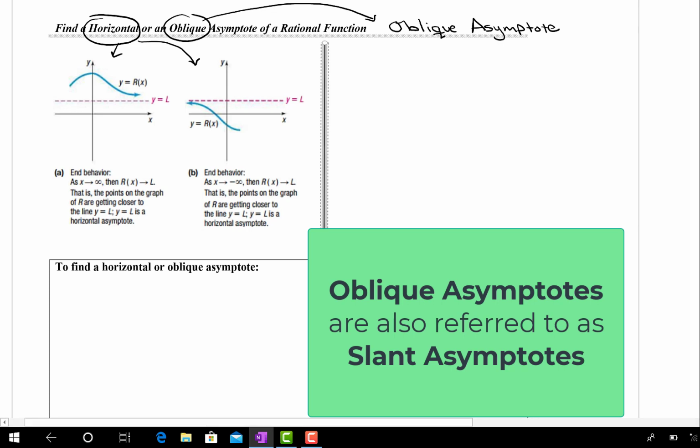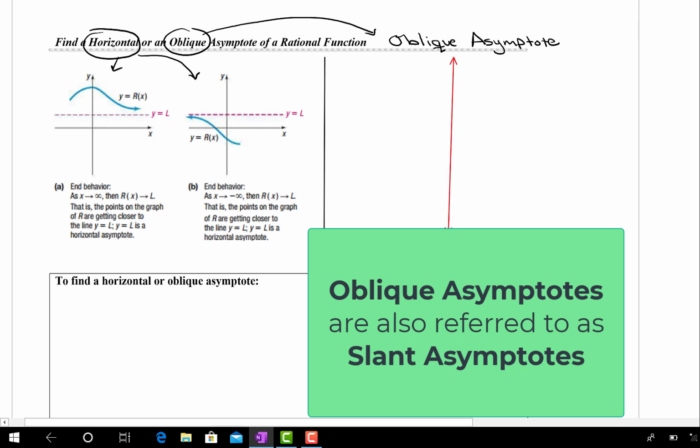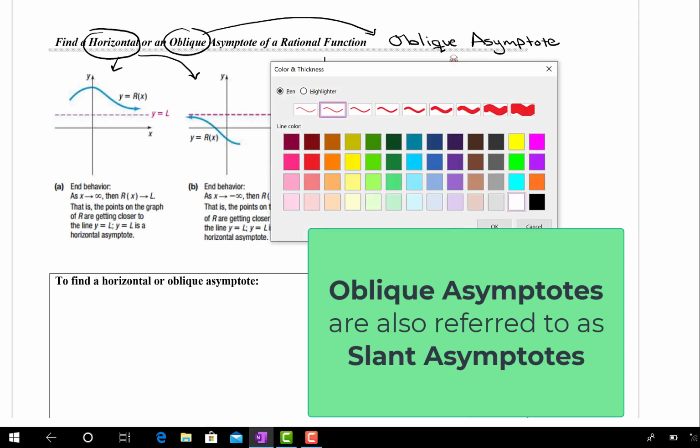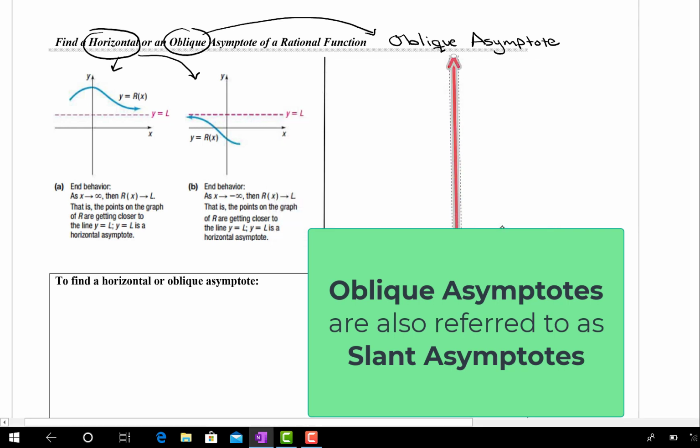So a slant asymptote or an oblique asymptote is an asymptote that, how can I explain this, looks kind of like a linear function. The word slant, what does it make you think of?